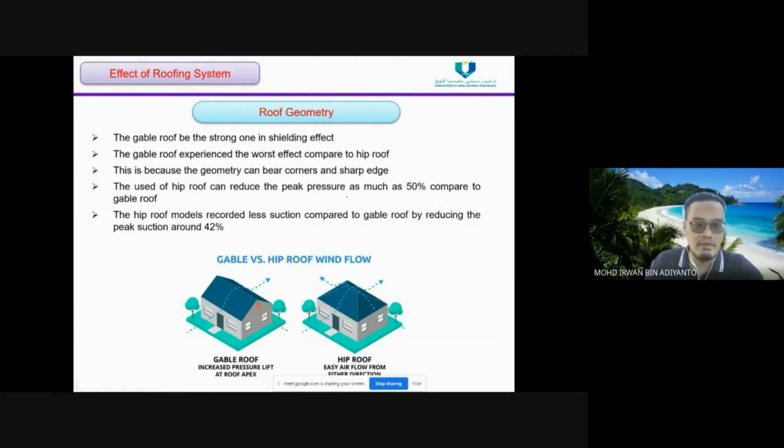The gable roof is strong in the shielding effect. However, the gable roof experiences the worst effect compared to the hip roof. This is because the geometry can break corners and sharp edges. The use of a hip roof can reduce the peak pressure as much as 50% compared to the gable roof. The hip roof recorded lesser suction compared to the gable roof, reducing the peak suction by around 42%.